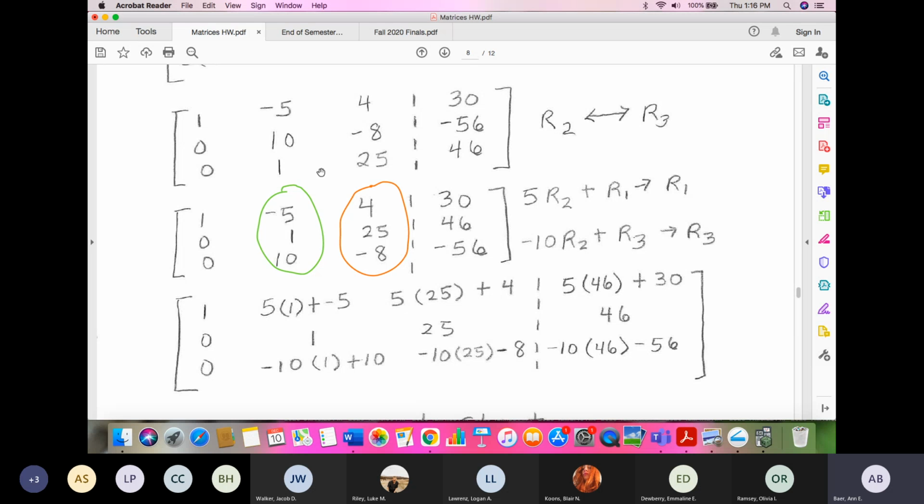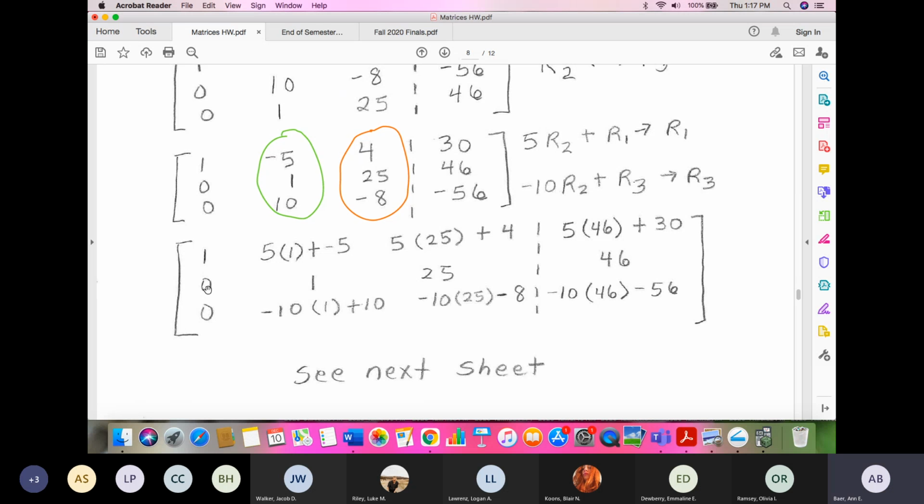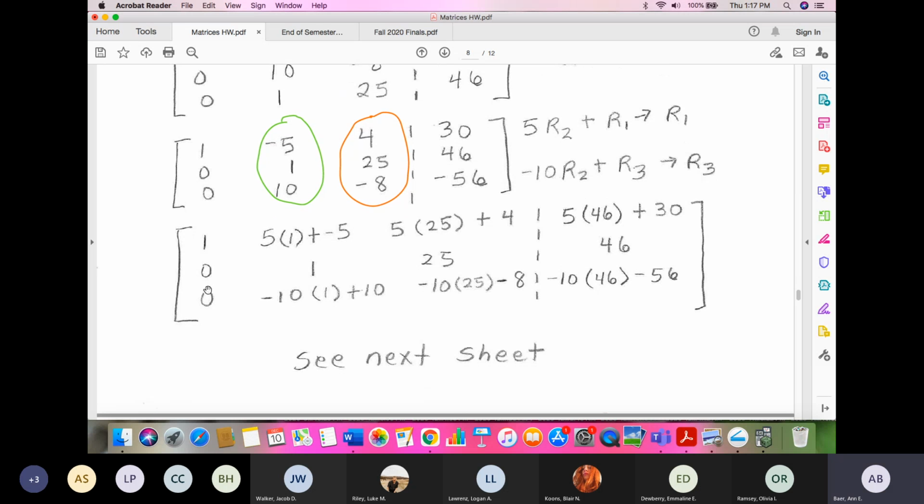So that's 0, 1, 25, 46. And we want to put the old row 2 in row 3 now. That's 0, 10, -8, and -56. And you see we have the same structure that we had in the first column, 1, 0, 0. So we got another 1 for free. That's really cool.